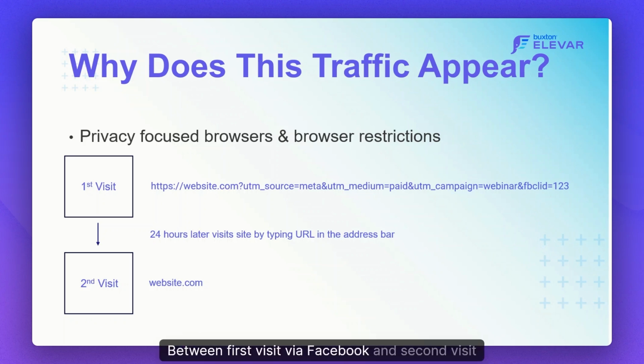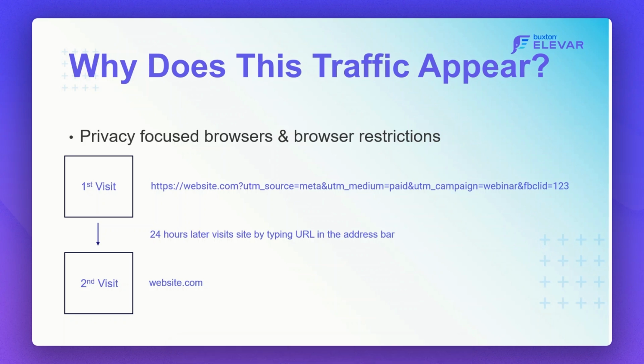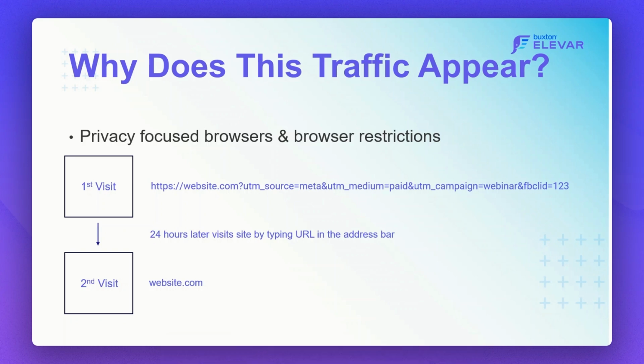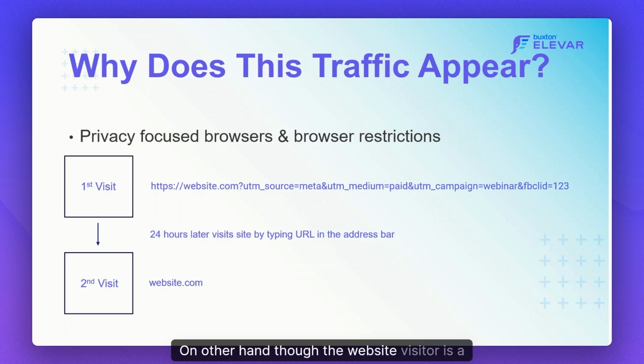Between first visit via Facebook and second visit via typing URL in the address bar, the time is more than 24 hours. Since the time limit has exceeded 24 hours limit, Safari browser has deleted all the first party cookies set using document.cookie method. Since cookies are no longer available, GA4 can't determine this visitor and the session will get registered as direct. On the other hand, though the website visitor is a returning user, GA4 will consider this website visitor as new user.